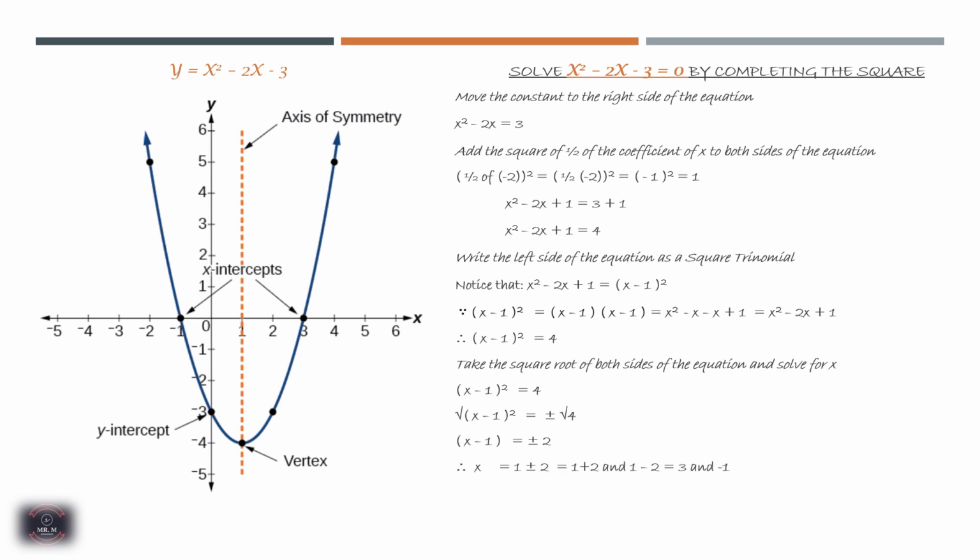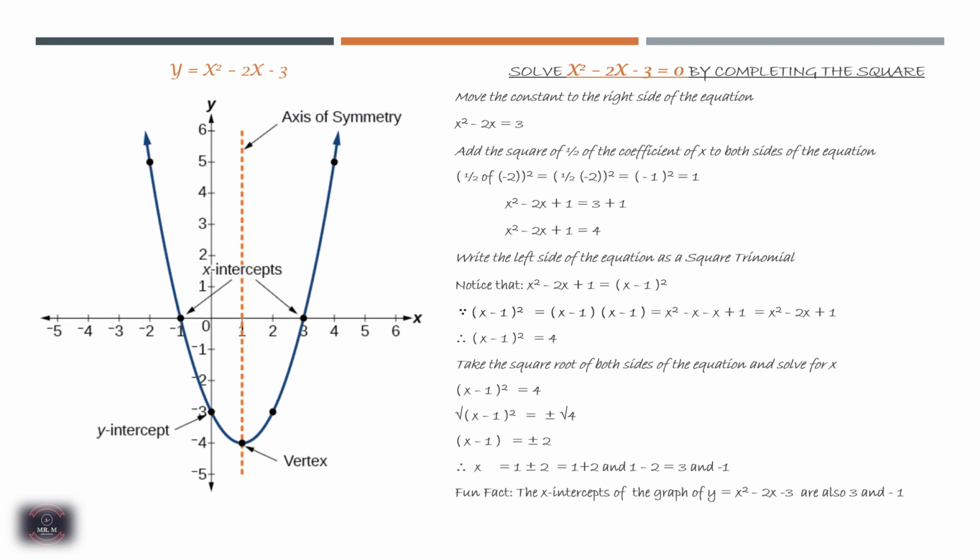Therefore, x minus 1 becomes equal to plus or minus 2. Solving for x, you will find x equal to 1 plus or minus 2, which is equal to 1 plus 2 and 1 minus 2. If you crunch those numbers, you get 3 and minus 1.